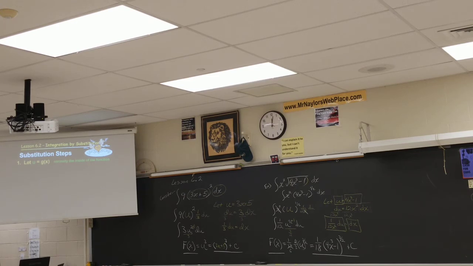Again, let u equal the inside of the function. You'll always do the derivative of u. You'll always do that little sidebar of calculus. Sometimes it's helpful to rewrite that equal to dx.